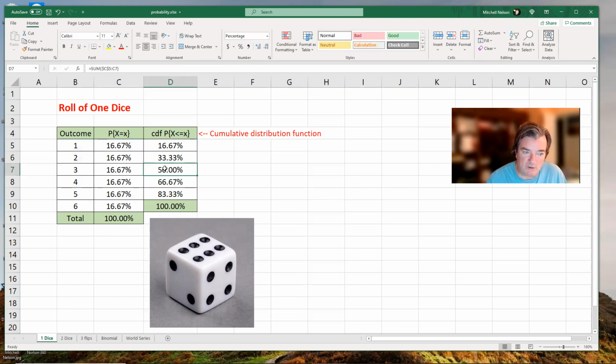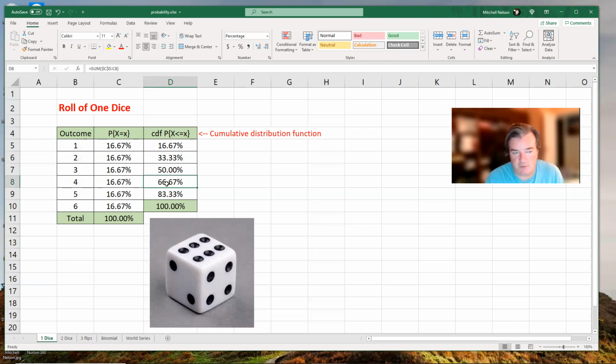And then if you want to know what is the probability that the dice is a 3 or less, that it's somewhere in this range, 3 or less, that would be the probability that it's either 1 or 2 or 3. We'd sum up all 3 of these. So there's a 50% chance that the value of the dice will be 3 or less, meaning 3 or 2 or 1.